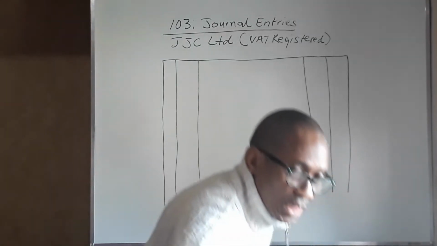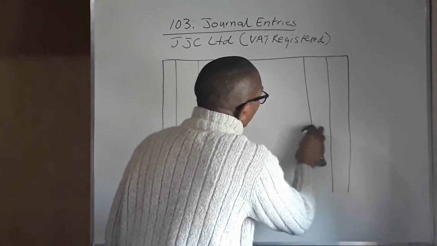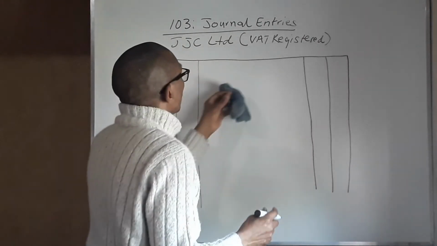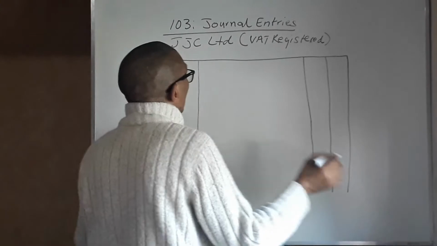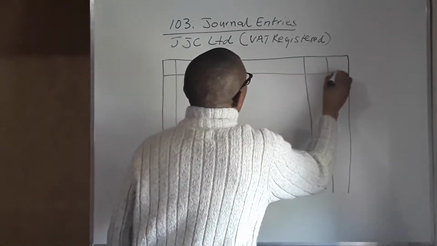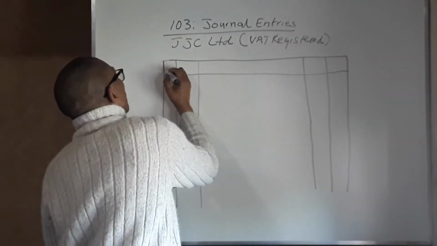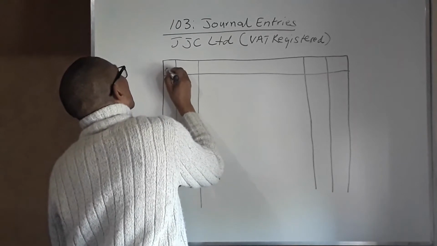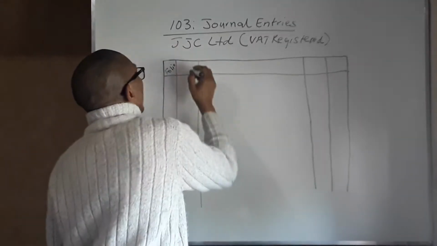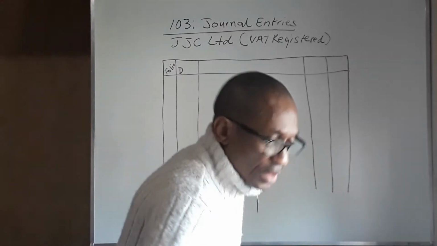If you notice, I have deliberately made the center column wider than the rest. This is because this particular column will house details that are wider than the rest. So the first heading will be the folio number, the second one will be the date.